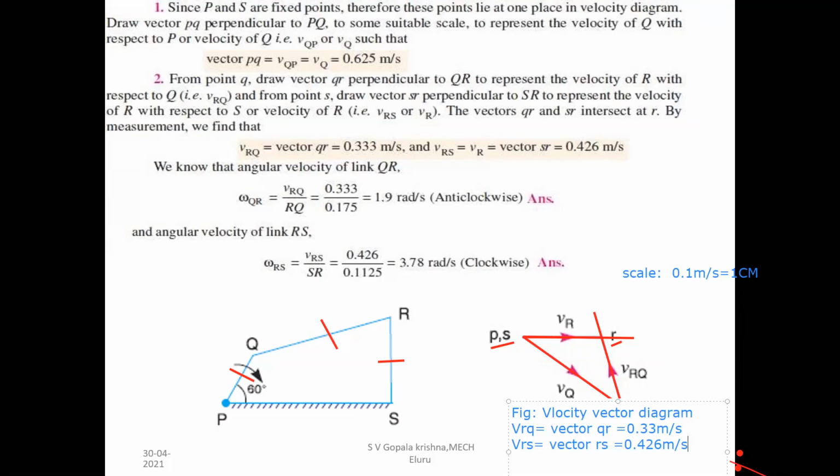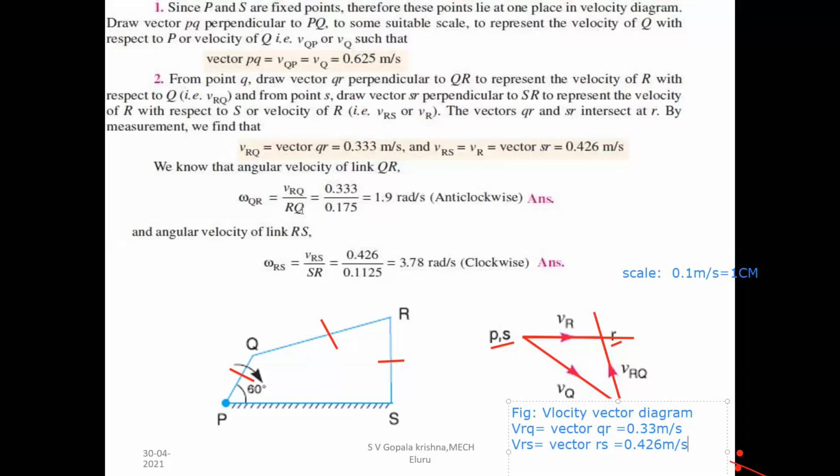Now we have to find the two velocities. VRQ is there, and VRS equals 0.426 meter per second.